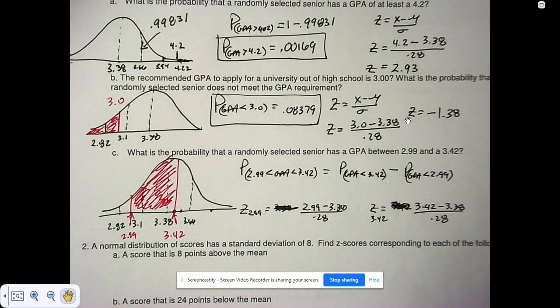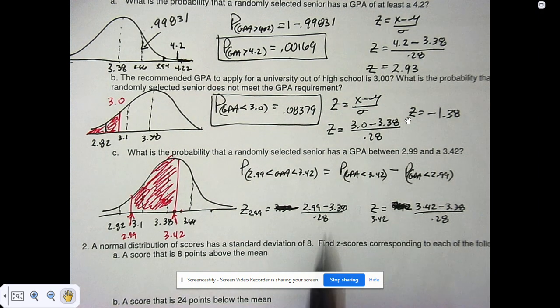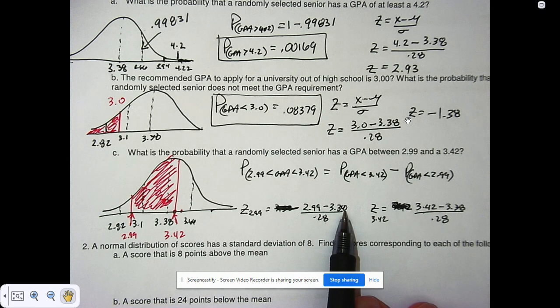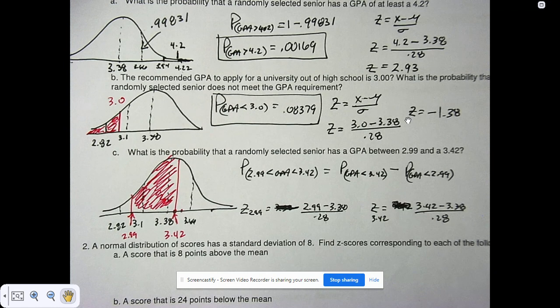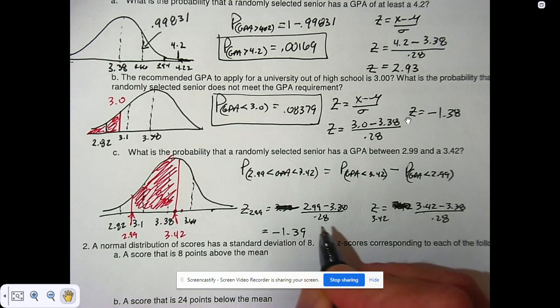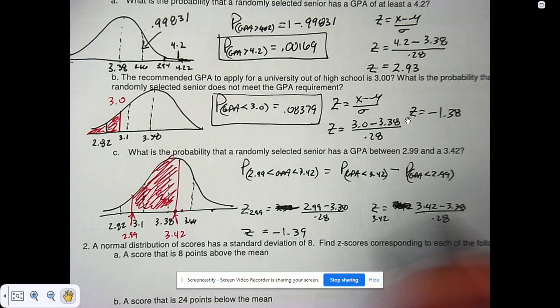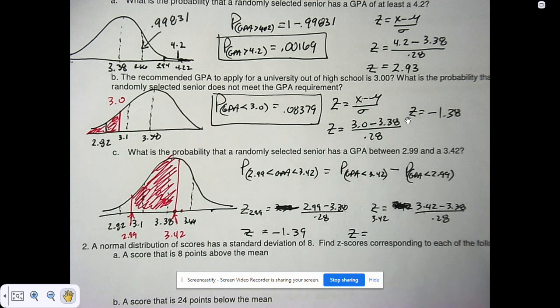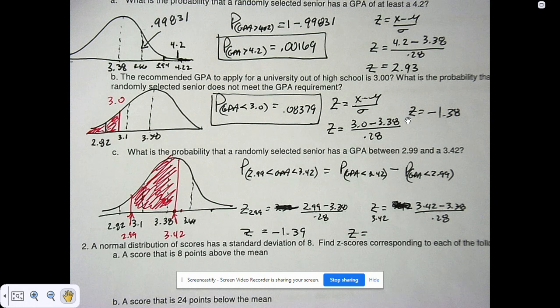So the 2.99 minus the 3.38 divided by 0.28 gives us a z-score of negative 1.39. And then my z-score here, 3.42 minus 3.38.